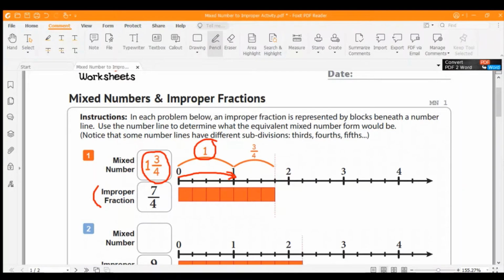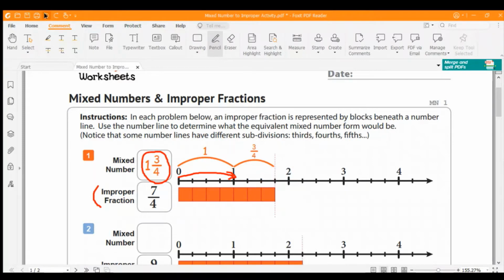But after that, we only have to go 1, 2, 3 more 1/4 plus the 1 to get to this little boundary marker right here. So that's where they're getting the 1 and 3/4. It's one whole number plus 3/4 of another. Notice it didn't make it all the way to 2. It's simply 1 plus 3/4 more.